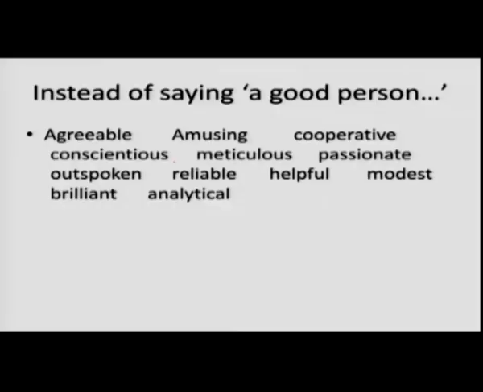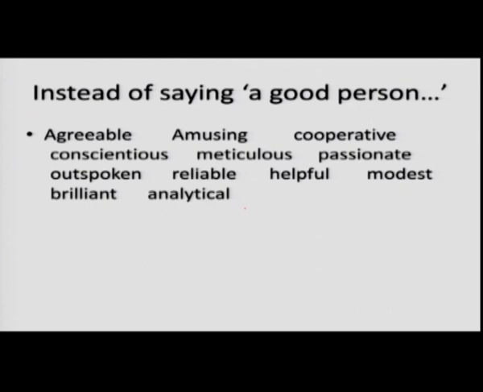Now let us look at these examples. Instead of saying a good person, you have other words to choose from. You can say agreeable, amusing, cooperative, conscientious, meticulous, passionate, outspoken, reliable, helpful, modest, brilliant, analytical, and so on.